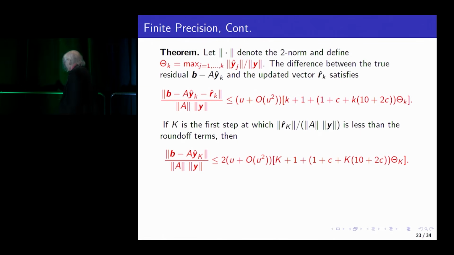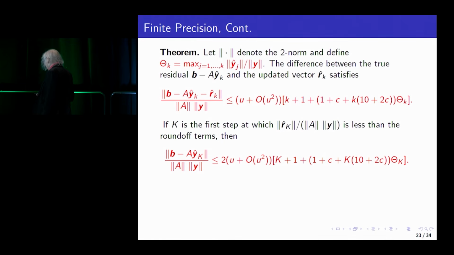So one can give a theorem. The norm of the difference between the true and updated residual, relative to the norm of A times the norm of y, is less than or equal to u plus O(u squared) times some things that involve the step number K, the accuracy c of matrix-vector multiplication, and again, the norm of the possible growth in y_j hat, this factor theta_k.